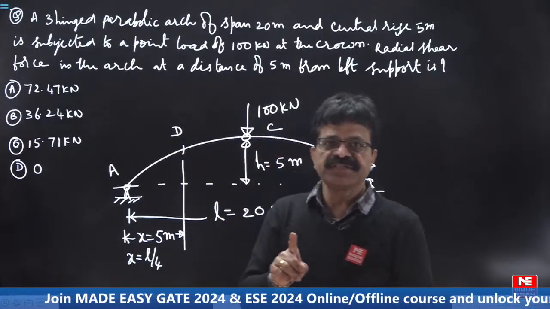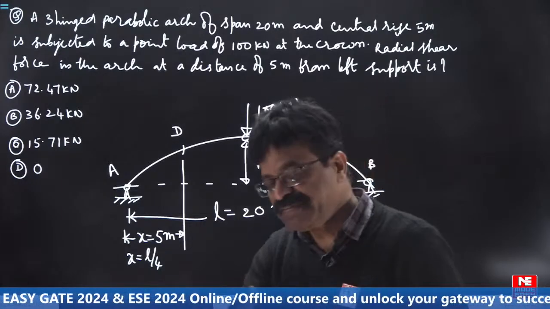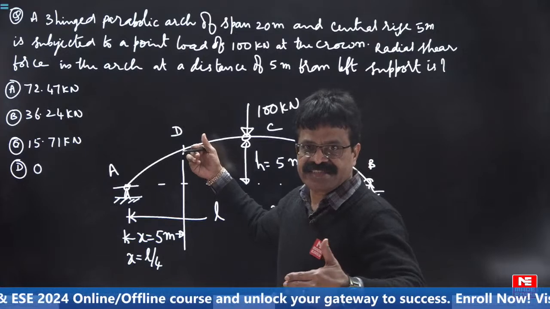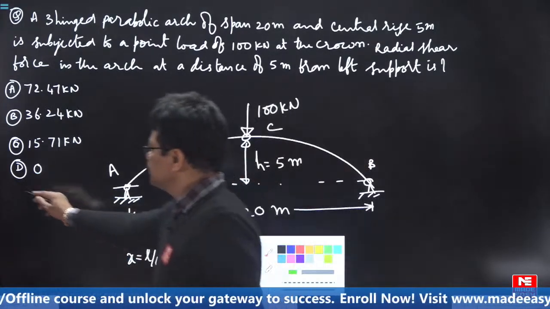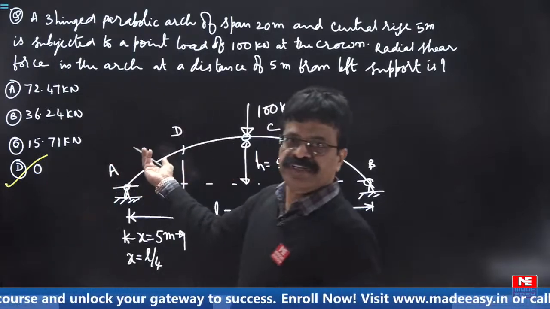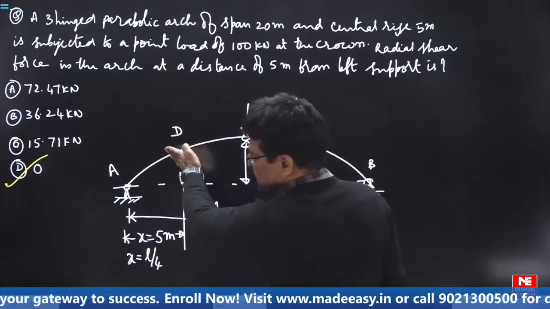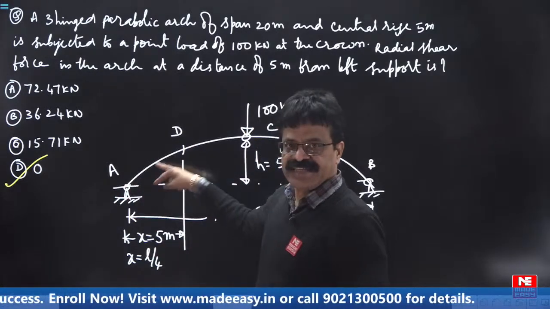Then at the location of maximum negative bending moment, what happens to the shear force? It will change its sign. So when the shear force is changing its sign, its magnitude is 0, shear force value is 0. So directly we can put radial shear force is 0. You don't have to calculate normal thrust, means VA, HA, XY components.